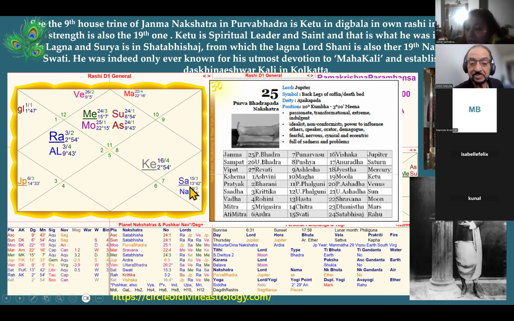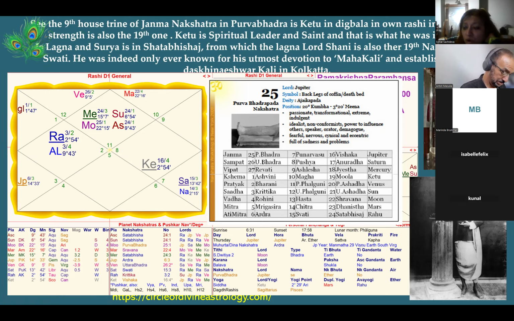That means as far as the signs are concerned, three parts are in a previous sign and one part is in the next sign. That is a speciality of the Jupiter nakshatra.